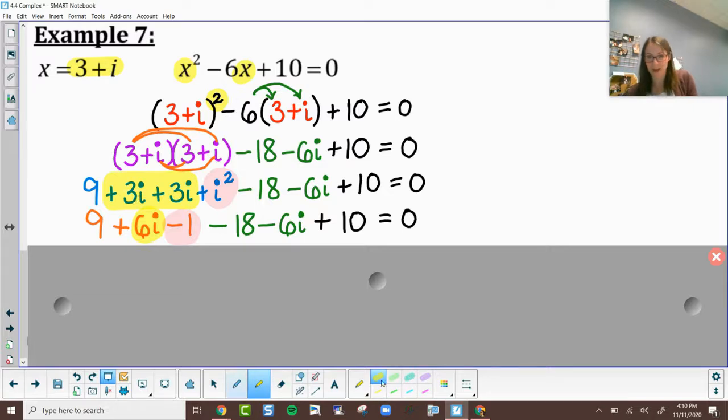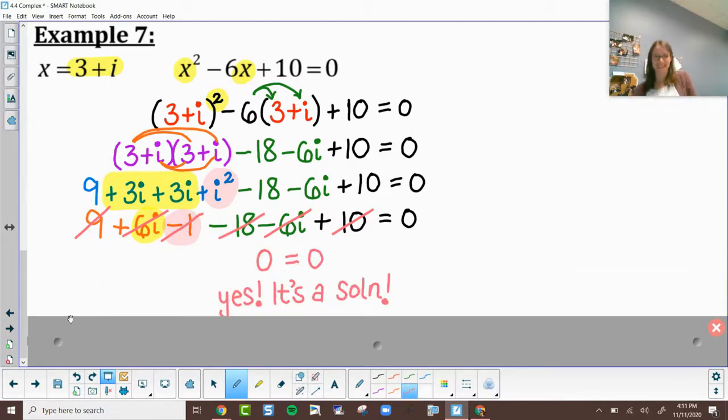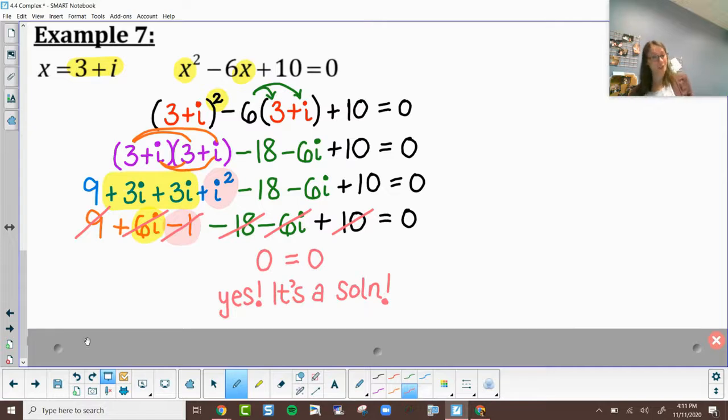And what I love about this is I'm just going to start canceling some things out because I can see really quick positive 6i minus 6i. I can see 9 plus 10, so there's 19. Oh, minus 19 is 0, so yes, it is a solution. So this one actually worked out really nicely, but you have to know to simplify.